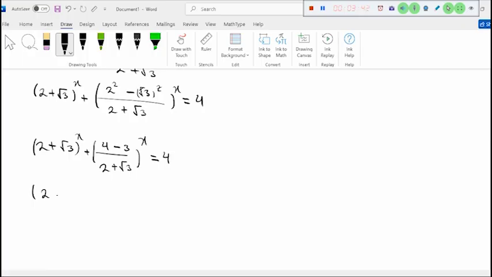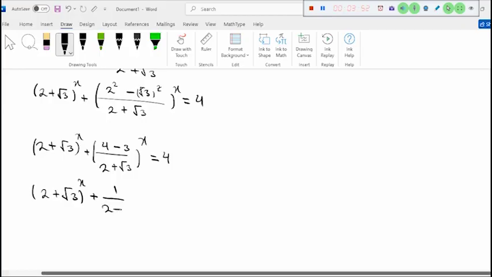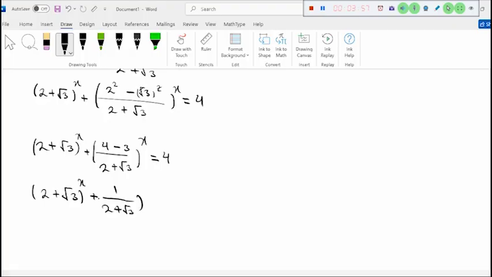Then we can write (2 + √3)^x + 1 over (2 + √3)^x = 4. Here we can substitute (2 + √3)^x = y.